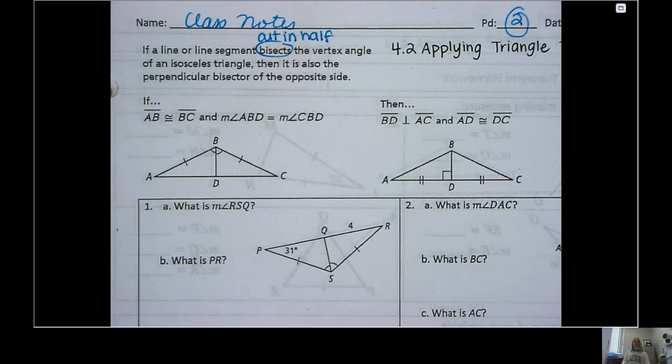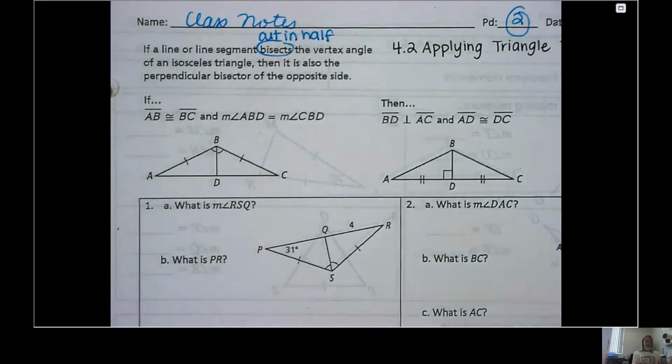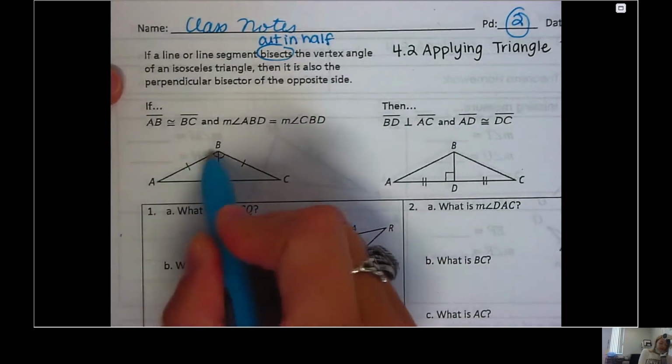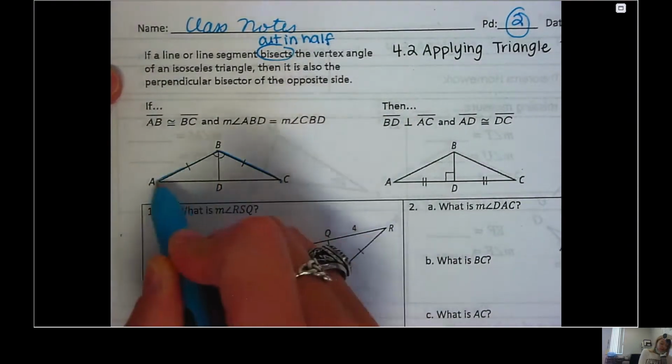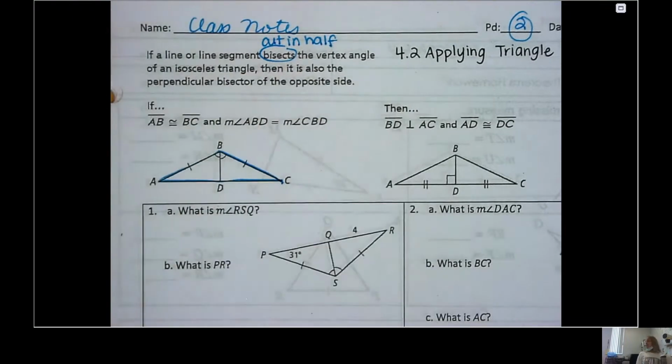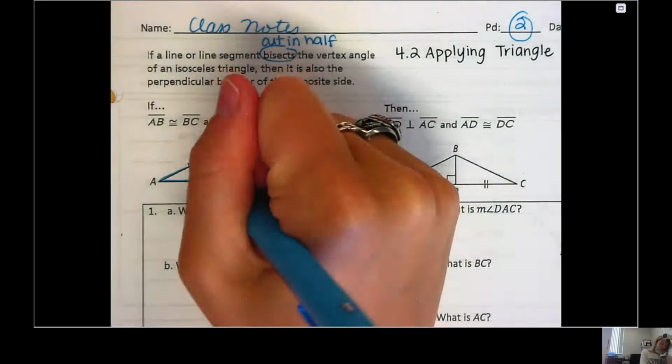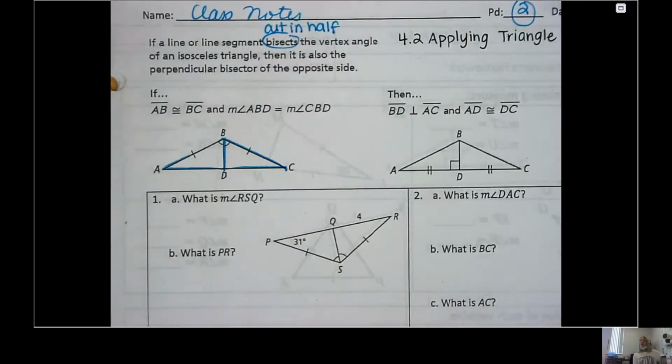Now here's the cool part about cutting an isosceles triangle in half or bisecting it. If you have one big isosceles triangle, and so in this first picture here, it's triangle A, B, C, this whole really big triangle. If I bisect it or cut it in half, what I end up doing is creating two smaller triangles that are exactly the same.